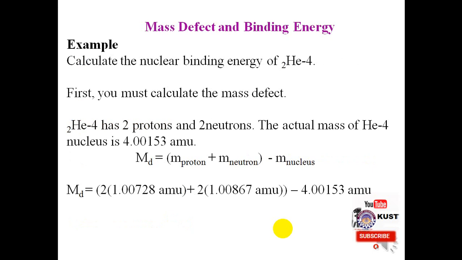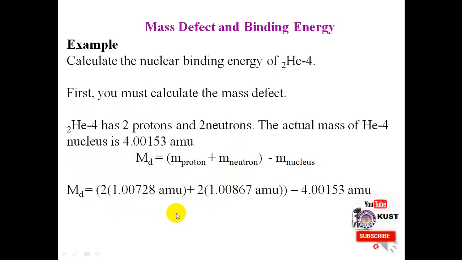If we take the example of helium-4, the mass defect can be calculated simply. As we know, helium-4 has 2 protons and 2 neutrons. The actual mass of helium-4 is 4.0015, and the mass of a proton is 1.007. There are 2 protons and 2 neutrons, and the mass of a neutron is 1.008.